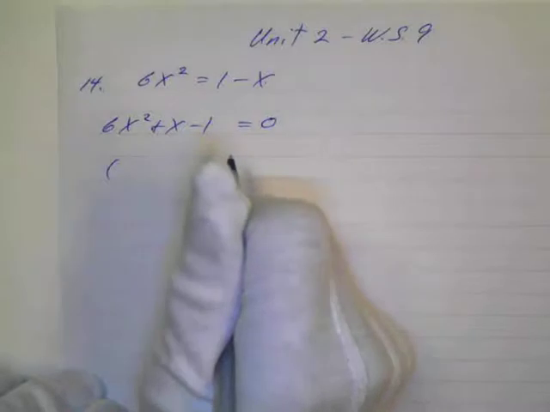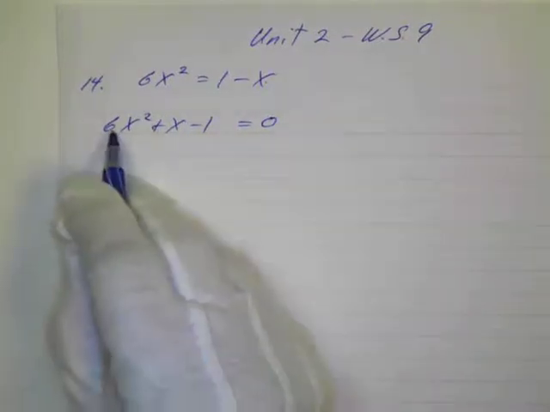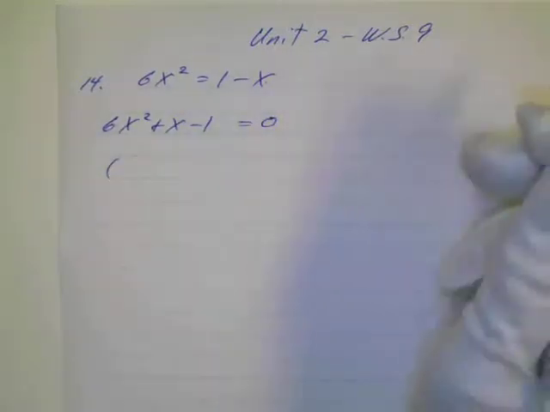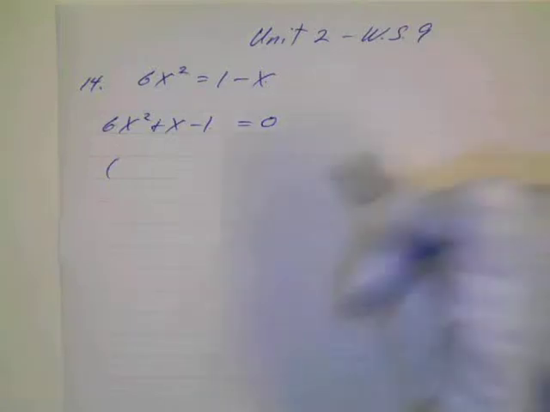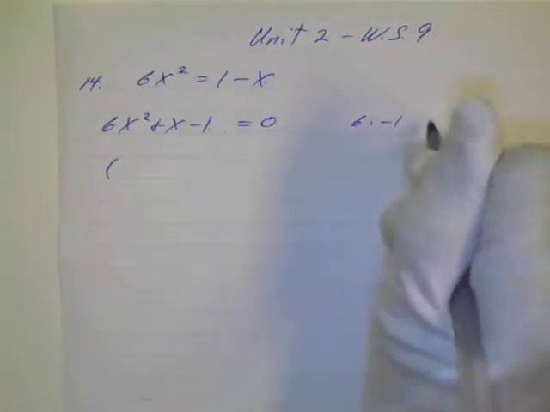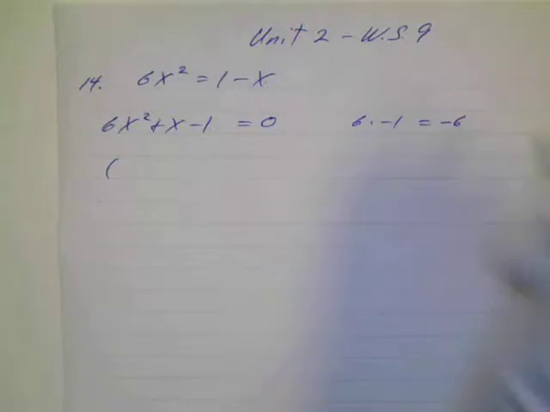So we know that it's going to be something like, well actually we got possibilities for the 6. It's going to be 6 and 1 and 3 and 2. So we'll do the other way. So we multiply the first term times the third term to factor this, and this was the general trinomial method. So 6 times negative 1 equals negative 6.